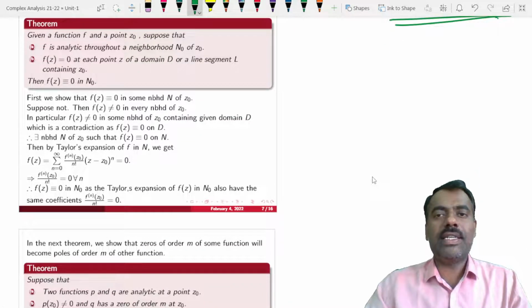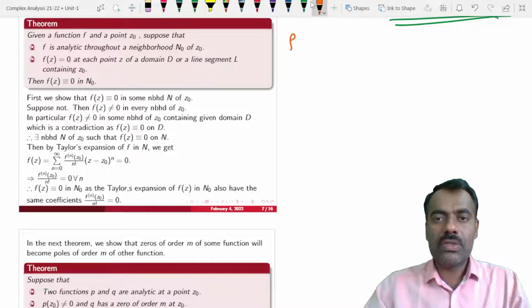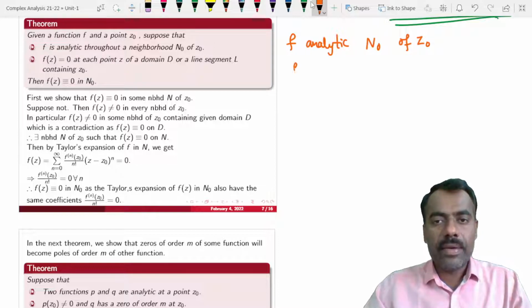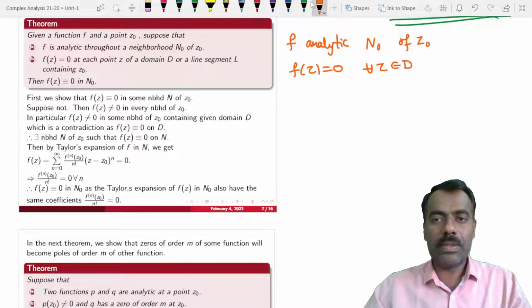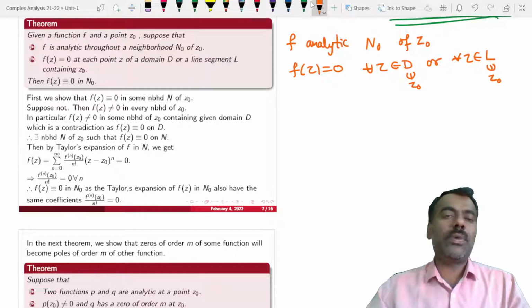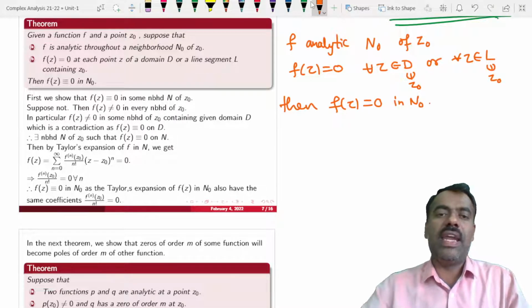What it says is that if a function f is analytic throughout a neighborhood N naught of z naught, and f of z is equal to 0 for all z belonging to a subdomain D or a line L, where either the subdomain or that line contains this point z naught, then we can say that f of z is actually 0 in this entire neighborhood N naught.